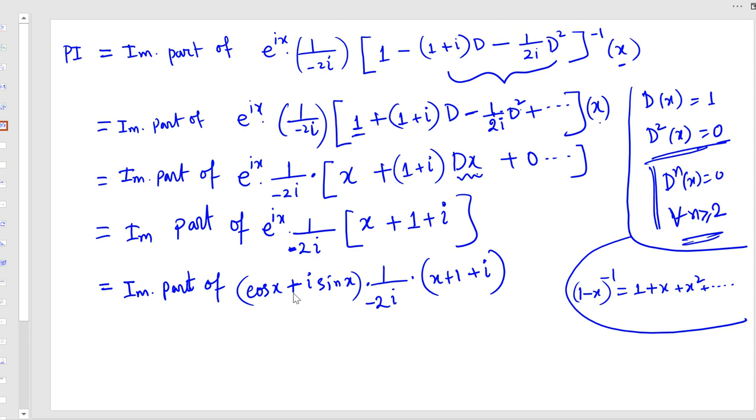So if you again multiply by I, here also I, then it becomes minus 1, and then minus 1 and minus 1, minus 2 becomes 2. So you can write it as I by 2.